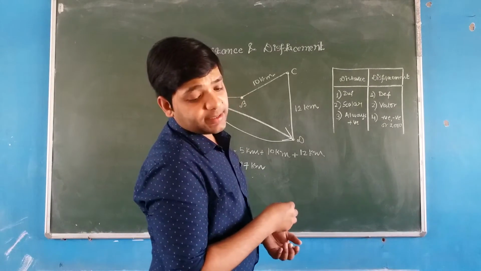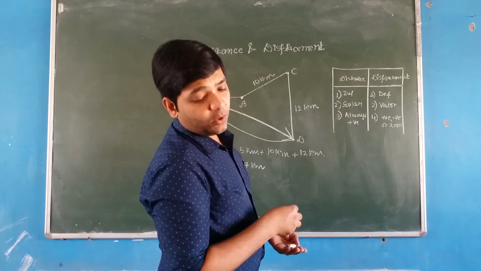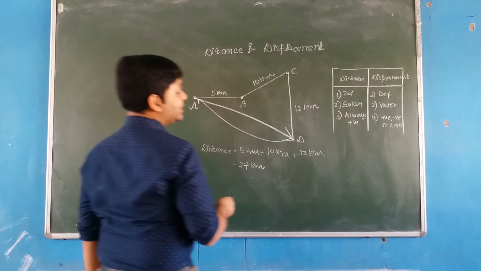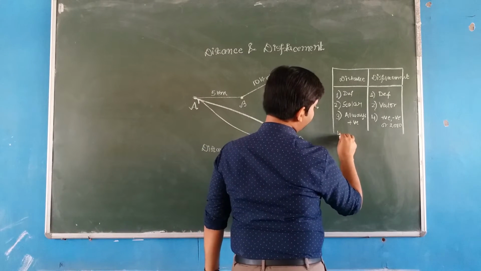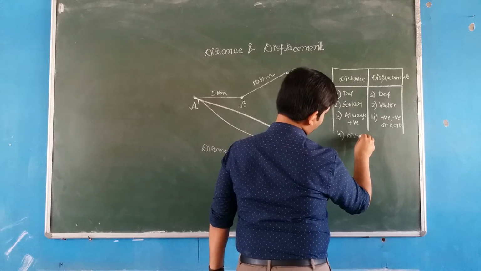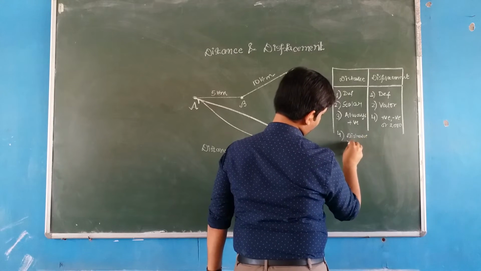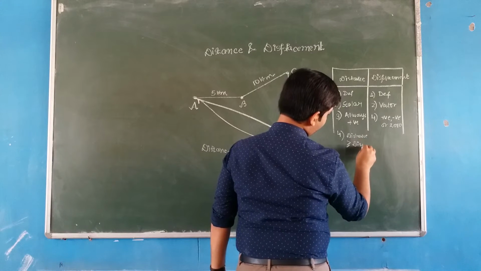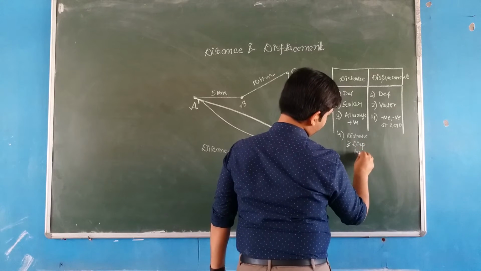The next point says distance traveled is always greater than or equal to displacement. That means distance is always greater than or equal to displacement.